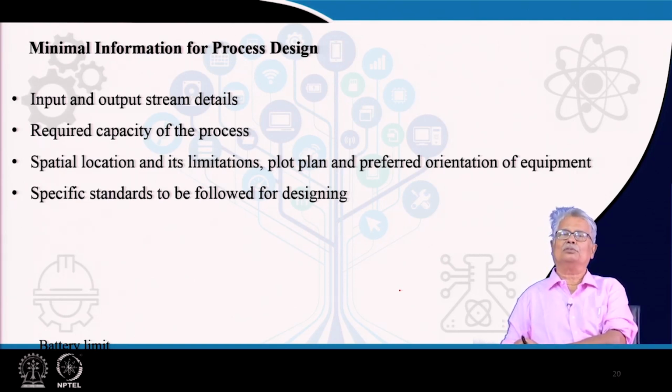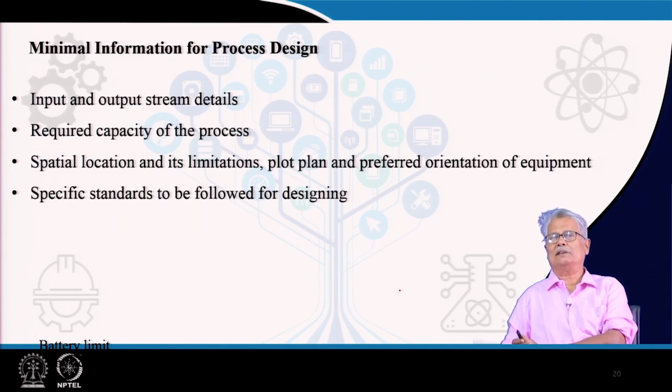Perhaps now we should focus on the process design problem. Normally, whenever we design a process, we need to know the boundary limit. That means whatever streams are input to this particular boundary and what are the output streams leaving this boundary. We definitely have to have an idea about the required capacity, whether it is 6 tons per hour or 0.6 ton per hour.